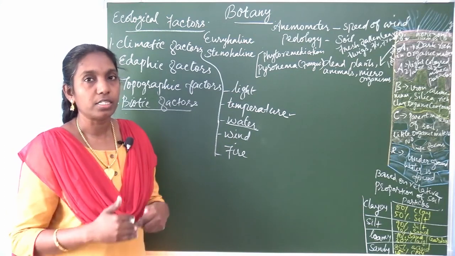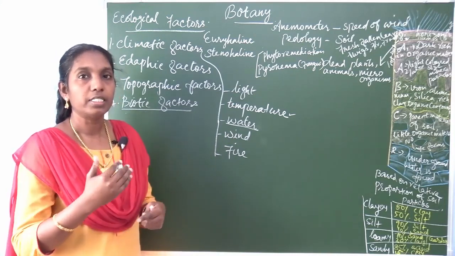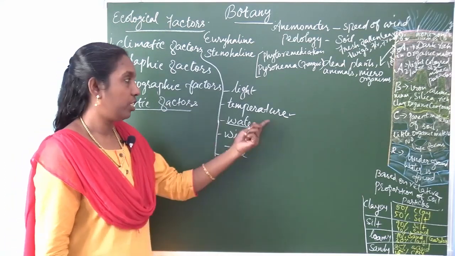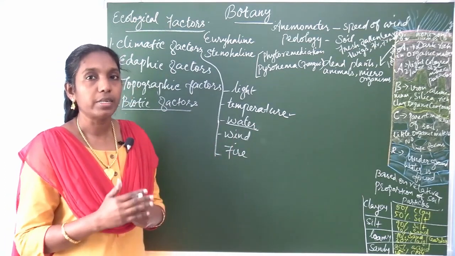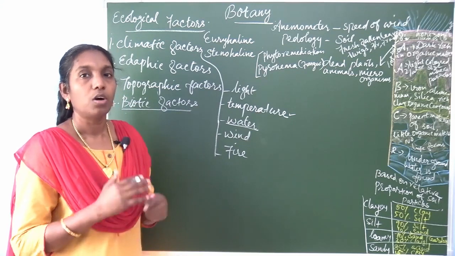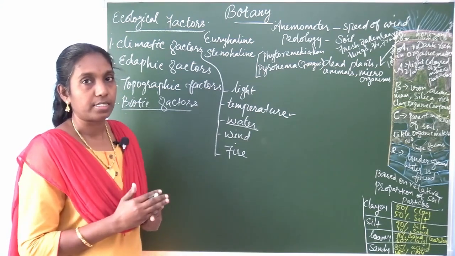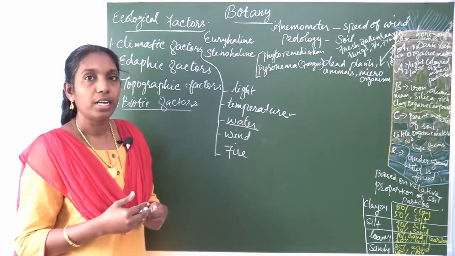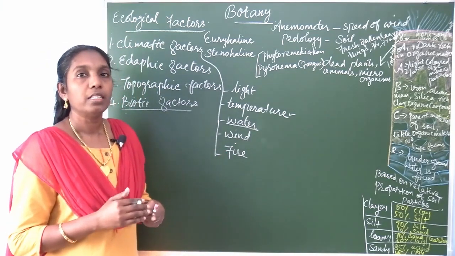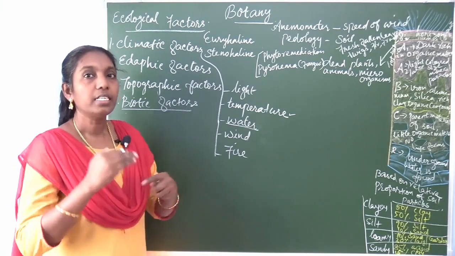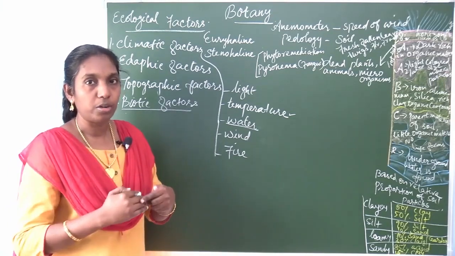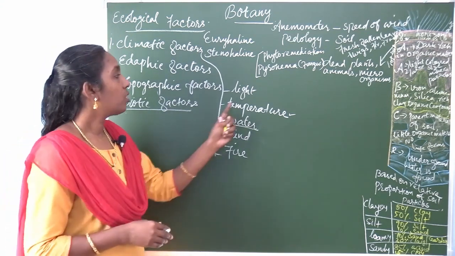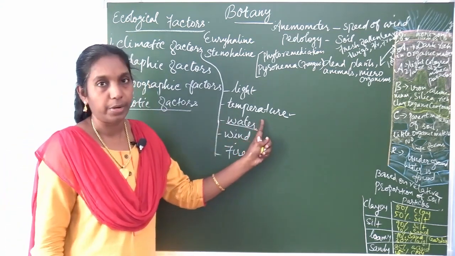High temperature as well as low temperature, increasing or decreasing temperature, affects the vegetation and all biochemical reactions. Temperature also increases the rate of respiration, and increasing temperature with reduced moisture causes spread of diseases. These are the effects of temperature.